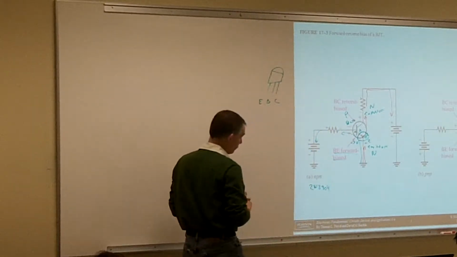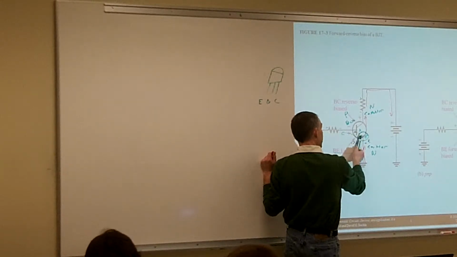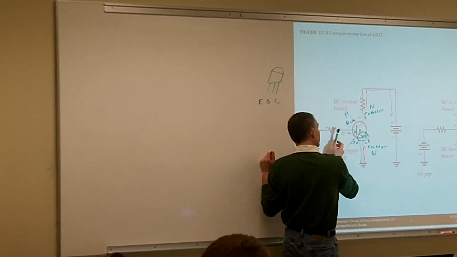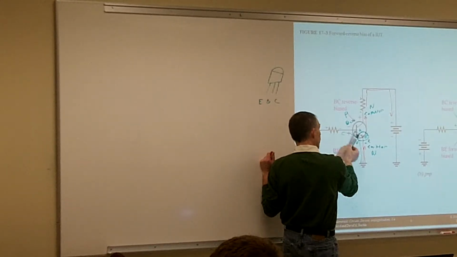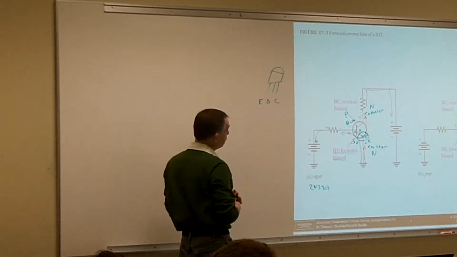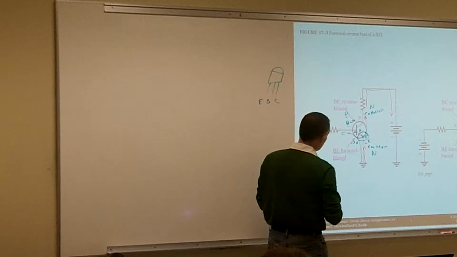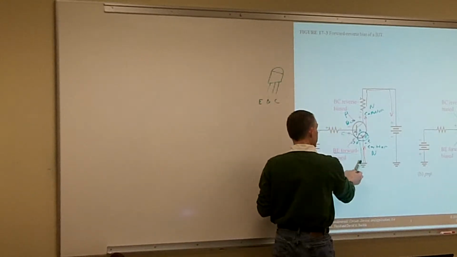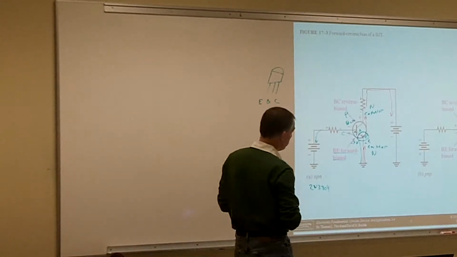Again, just like any other solid-state device, we have to have current-limiting resistors in there. So we're going to limit our current for our base, and we're also going to have a resistor on either our collector or emitter to limit that current. A small amount of current going through our base produces a large amount of current going through our collector to our emitter.